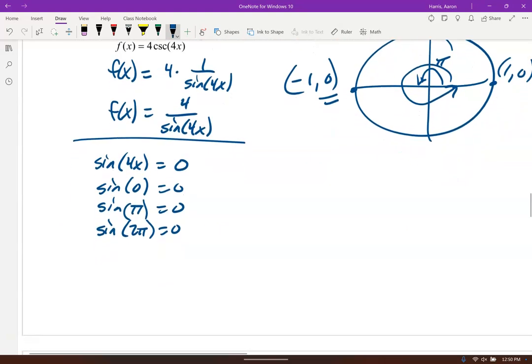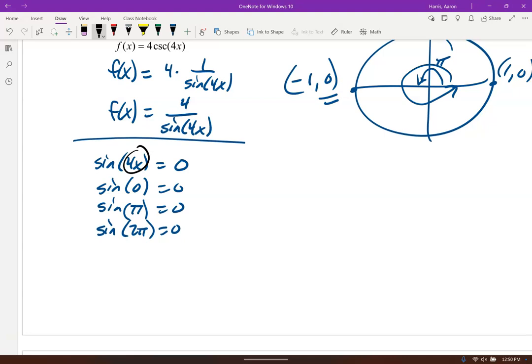I could go negative pi, and so on, right? So I have to do this in terms of x. So when does 4x equal those? Well, I have 0, pi, 2 pi, or negative pi, -2 pi.